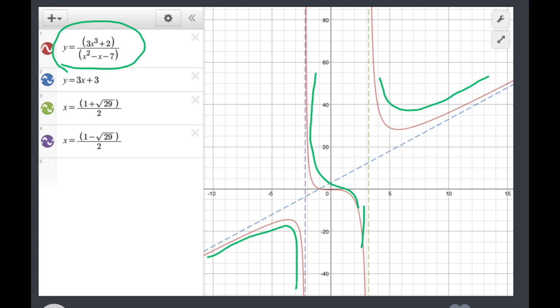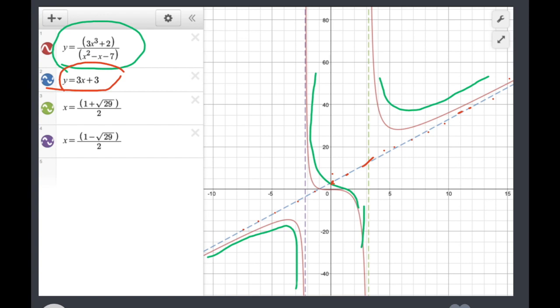The one was the one we just calculated, and that was the slant asymptote. So you'd actually go up the y-axis to 3, and then you would go up 3 over 1, and that would make this slant asymptote right here. And you can see the graph, the red graph, doesn't cross it, it stays there.